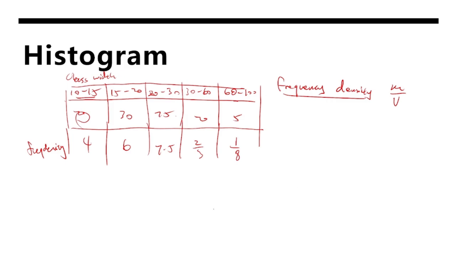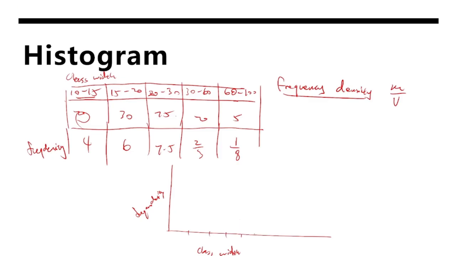So when we graph a histogram, it will be similar to a bar chart, but here would be class width, and here would be frequency density. Just remember it has to be in scale.